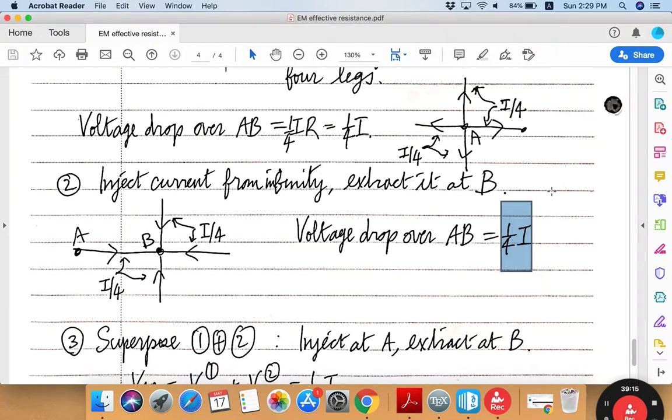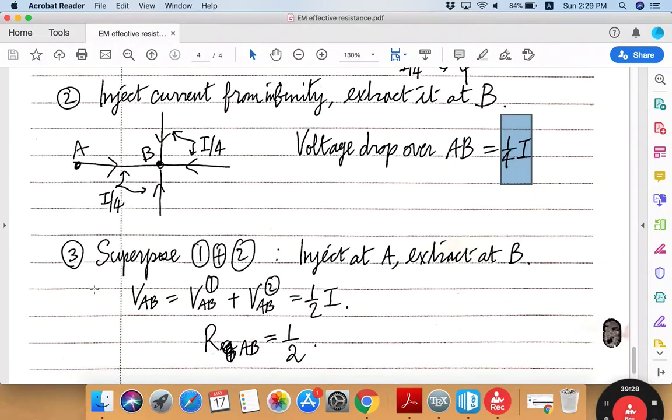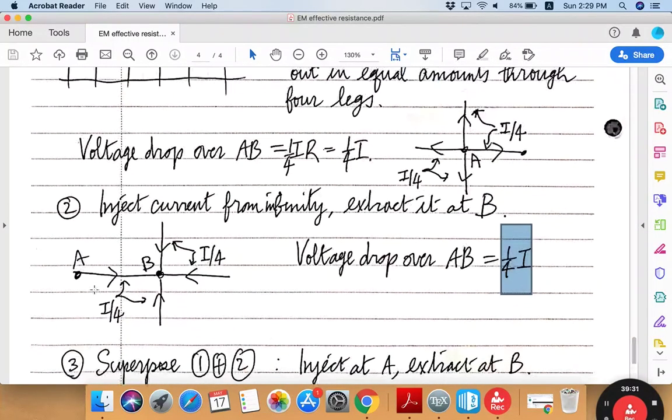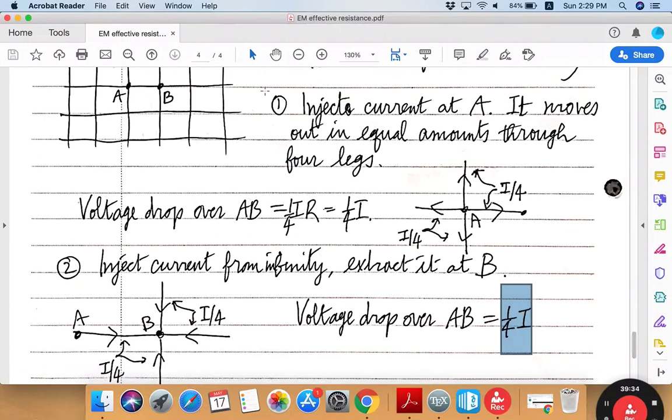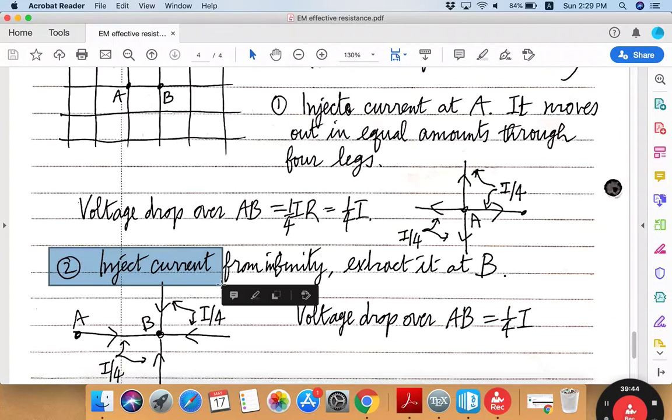So now the third part in the thought experiment is to combine these two processes. You combine process 1 with process 2. And this is where the idea of superposition comes in. If something like process 1 can happen in an electrical circuit, and something like process 2 can happen in an electrical circuit, then the superposition of process 1 and process 2 can also happen in an electrical circuit.